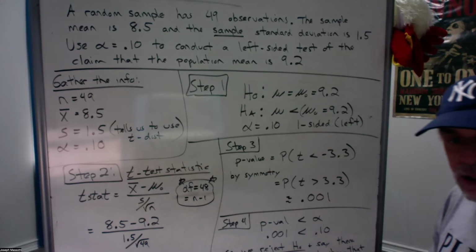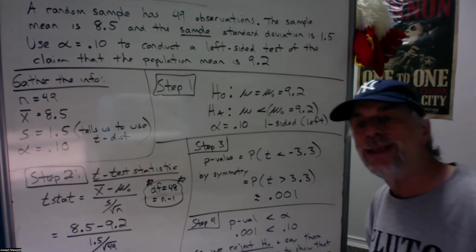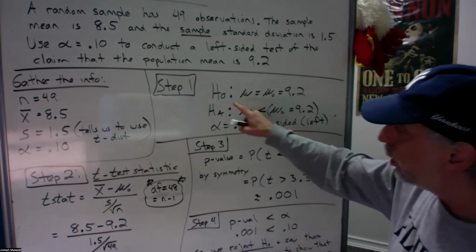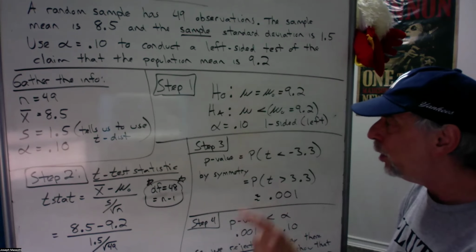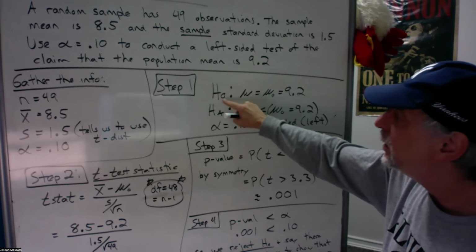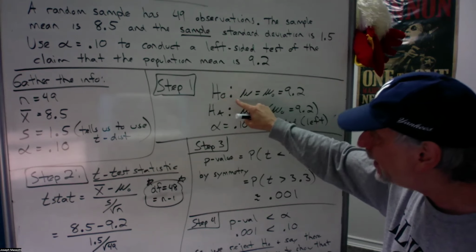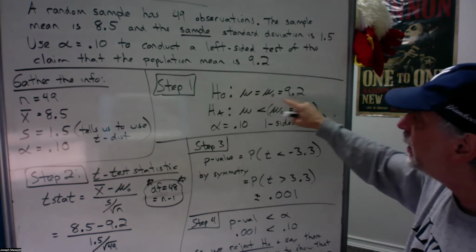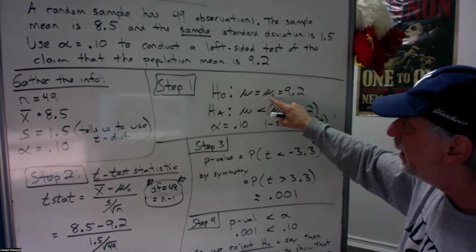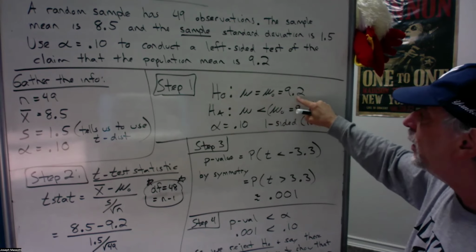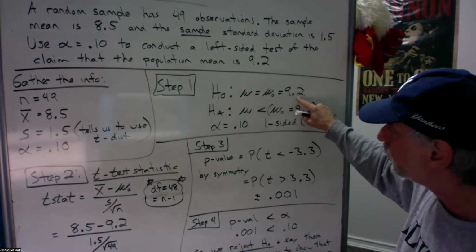So again, our 4 steps, that's all this is every single time. We form the null hypothesis. Again, it's not an equal sign, it's a colon, it's a statement. The null hypothesis statement is this equation that the unknown population mean equals this hypothesized value of 9.2.